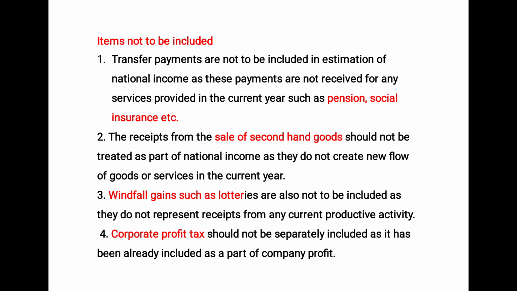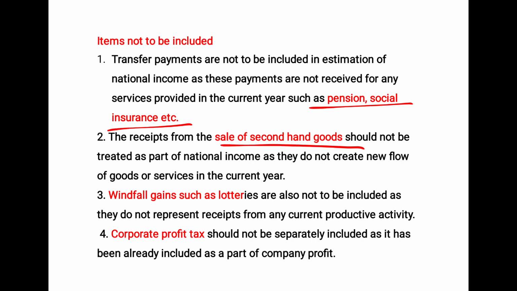Previously we have seen transfer payment. Transfer payments are not to be included in the estimation of national income, as these payments are not received for any service provided in the current year, such as pension and social insurance. So this should not be included in the calculation of the income method. Second one, the receipt from the sale of second hand goods also should not be included.